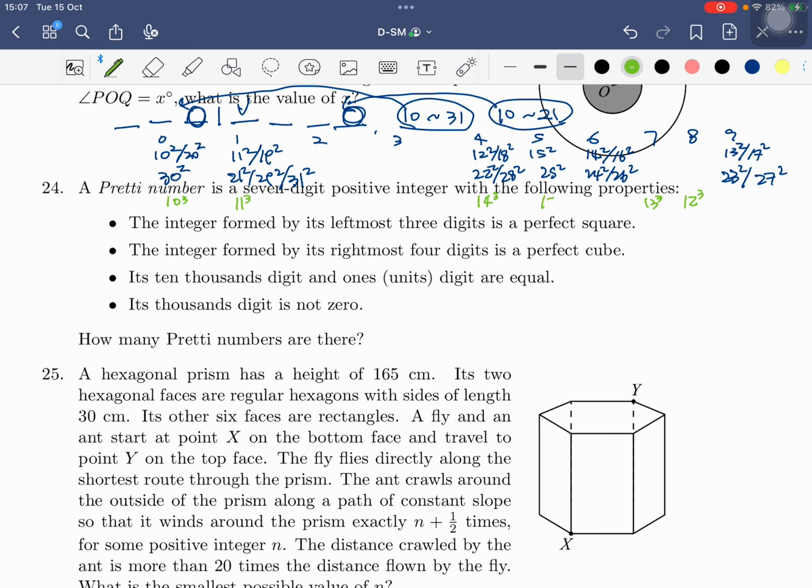And 5, 6, 7, 9, 3, 8, 4, 2, 9, 1, 9, and 10, which is 20, and 21.